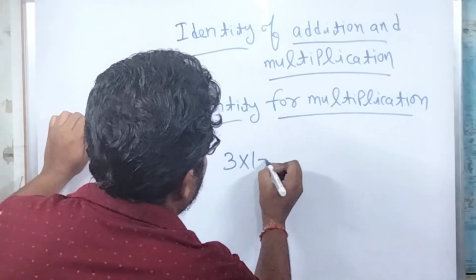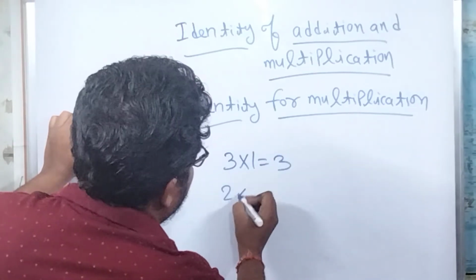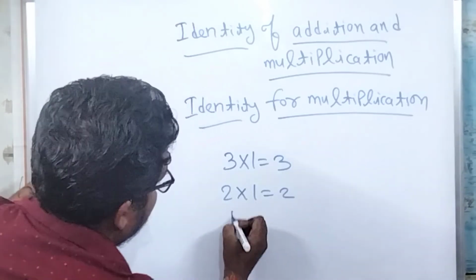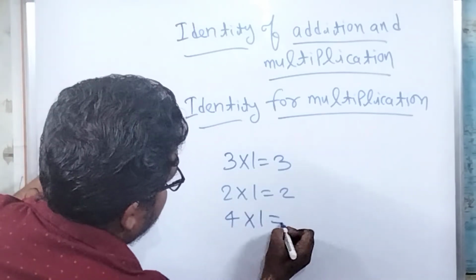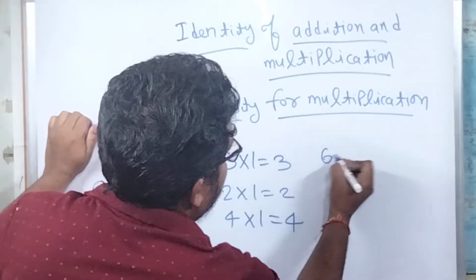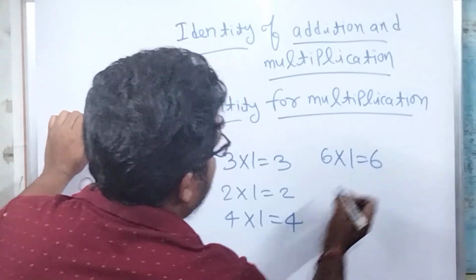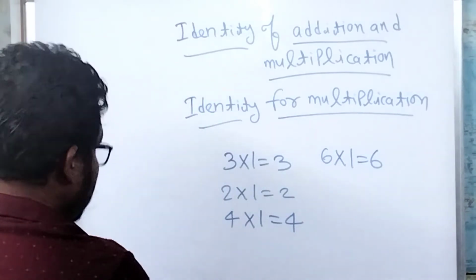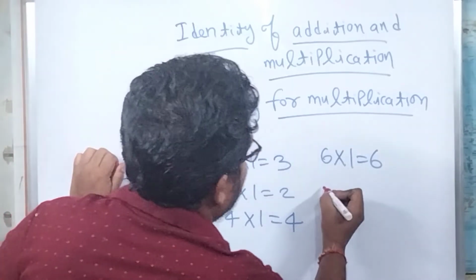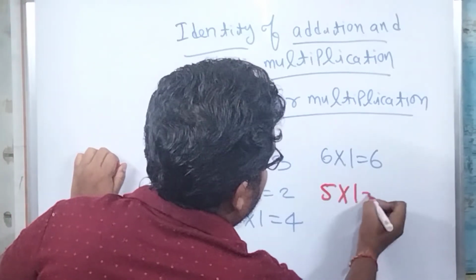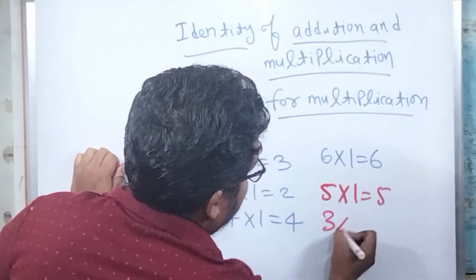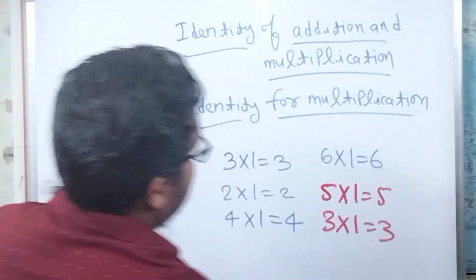Identity for multiplication. 3 multiplied by 1 is 3. 2 multiplied by 1 is 2. 4 multiplied by 1 is 4. 6 multiplied by 1 is 6. 5 multiplied by 1 is 5. 3 multiplied by 1 is 3.